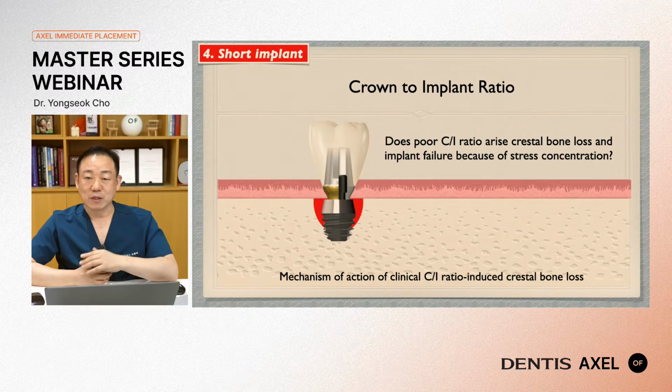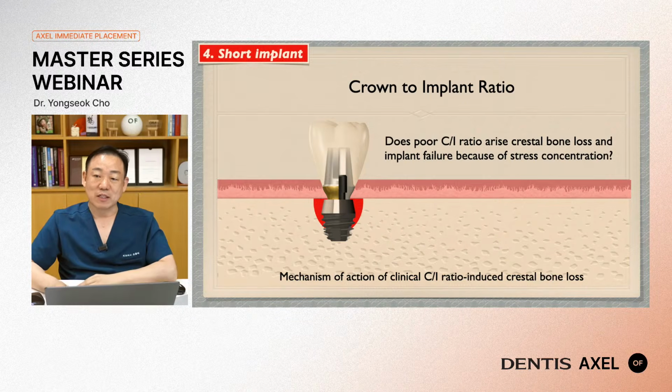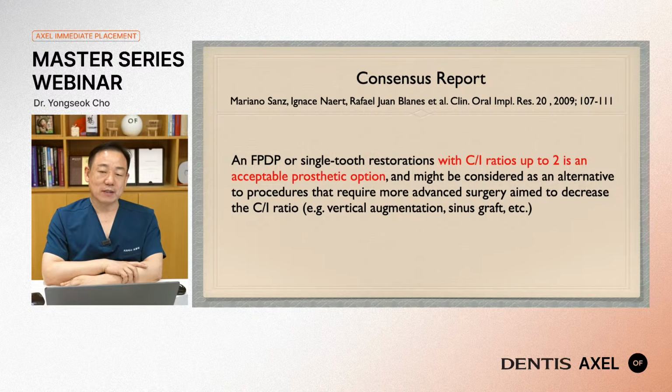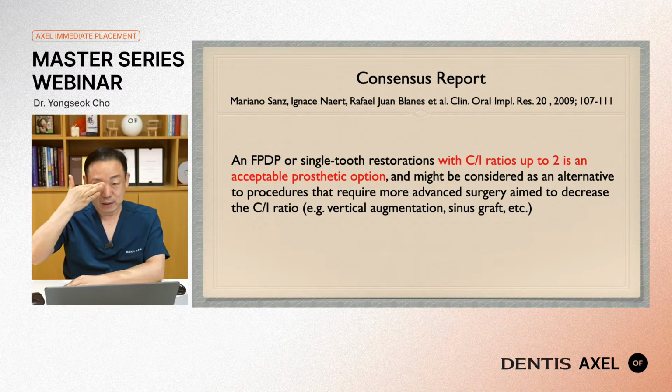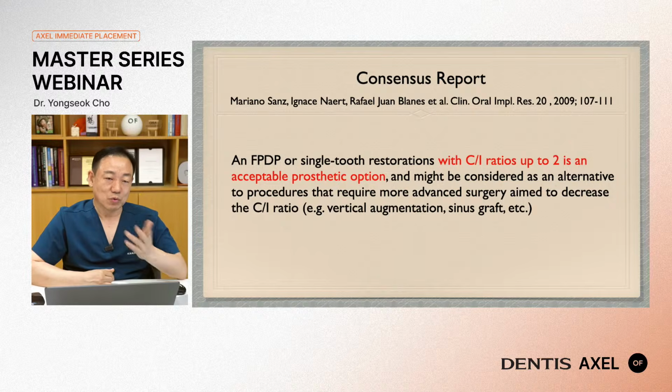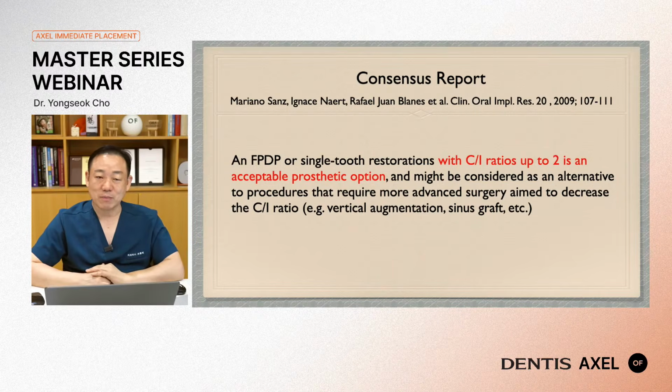Thus, poor crown implant ratio causes crestal bone loss and implant failure because of stress concentration. We worried about this in the past. However, when we look at the reviewed articles about crown implant ratio and implant survival rate, when the crown is two times longer than the implant, it is an acceptable prosthetic option.